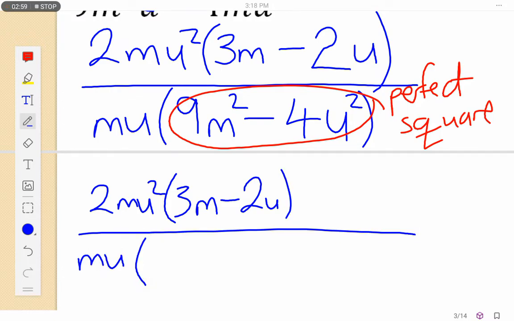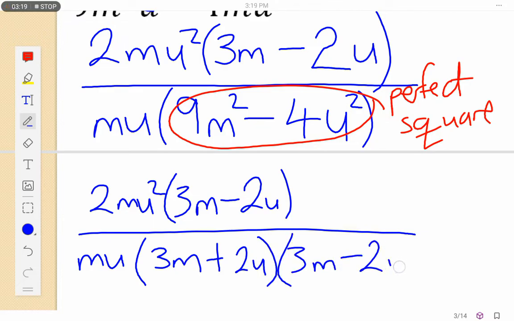With a perfect square, when we want to factorize, we have 9 and 4, so I can have 3m plus 2u. Then I have 3m minus 2u.